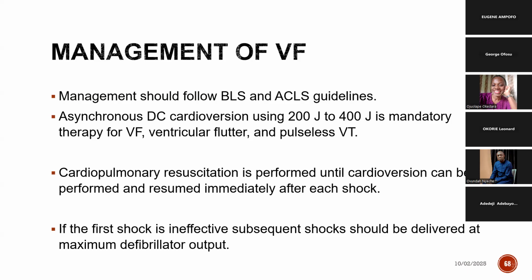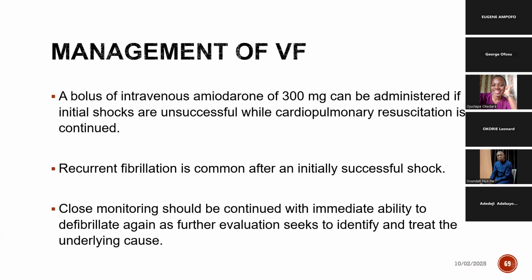Cardiopulmonary resuscitation must be performed until cardioversion can be done, and CPR should resume immediately after each shock. And if the first shock is ineffective, the subsequent shock should be delivered at the maximum defibrillator output. And a bolus of intravenous amiodarone of 500 milligrams can be administered if the initial shocks are unsuccessful whilst CPR is continued.